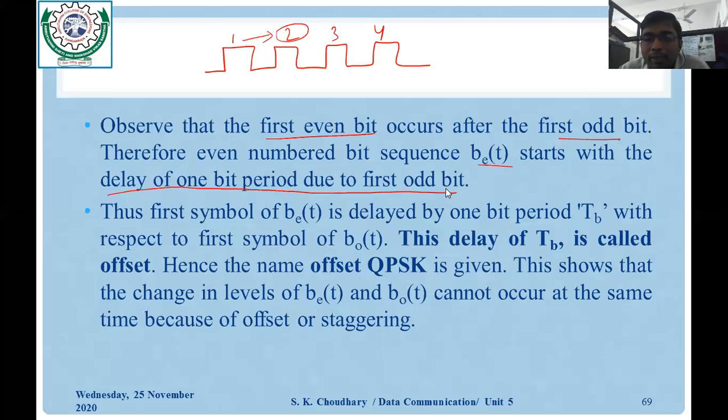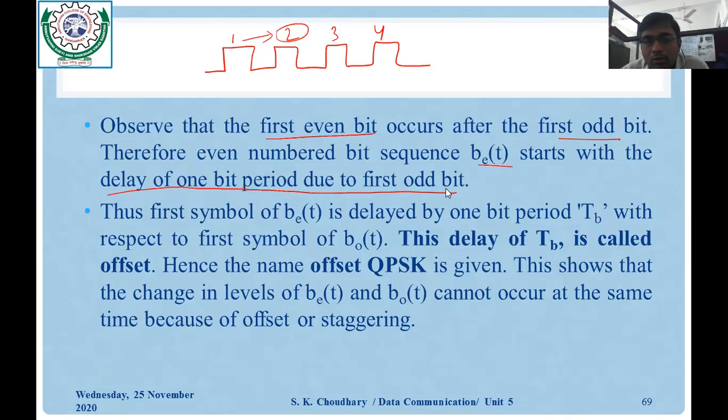The first symbol of BET is delayed by 1 bit period TB with respect to the first symbol of B naught T. That's why this delay of TB is called offset, and hence the scheme is called offset QPSK. Okay. Now you understood why it is called offset QPSK, because the even symbol has some delay of bit period TB compared to the odd symbol.